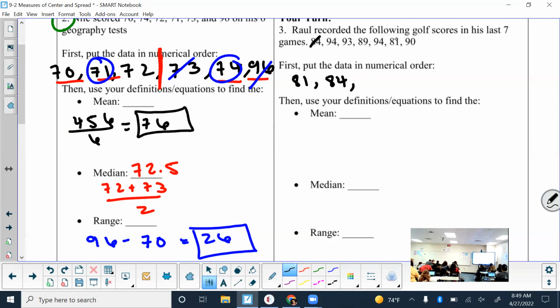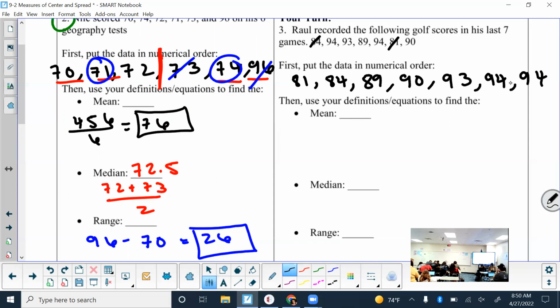What comes next? Then, and then 94, and then another 94. So you should have 7 totals. 1, 2, 3, 4, 5, 6, 7. Always make sure of that because it'll mess up everything else if you don't.